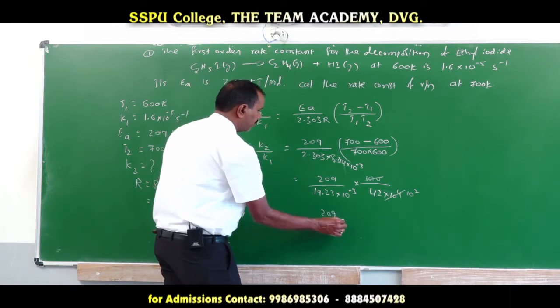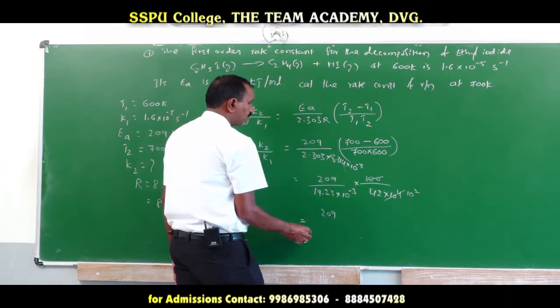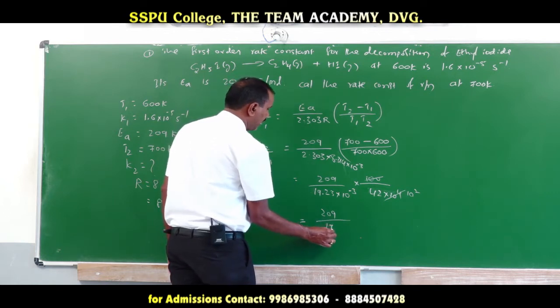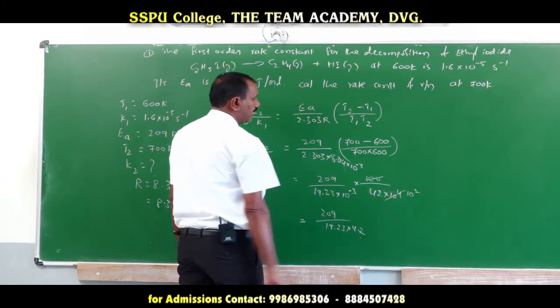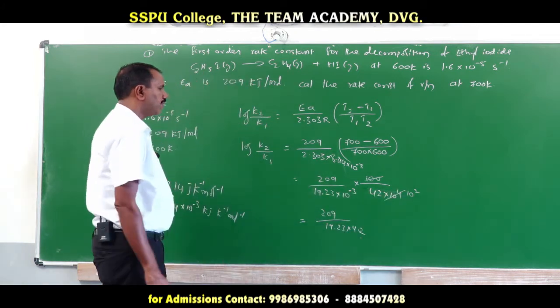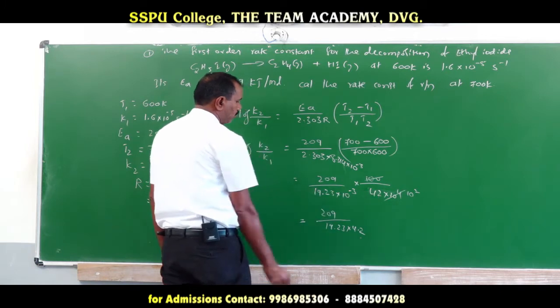So 209 divided by 19.23 into 4.2, with 10 to the power of minus 3 plus 2, that is minus 1, into 4.2.